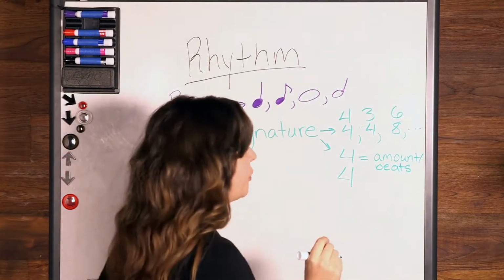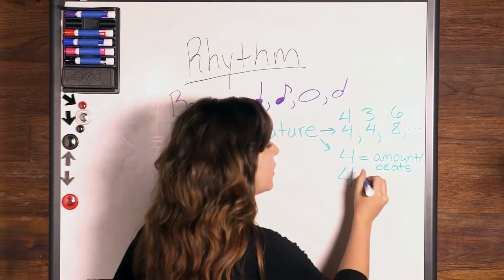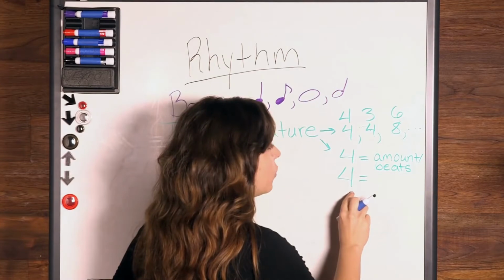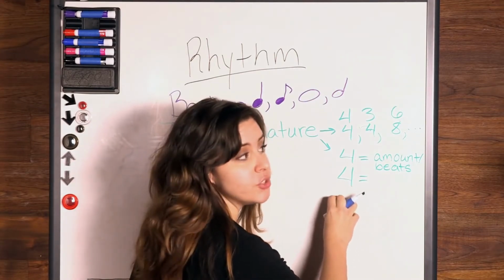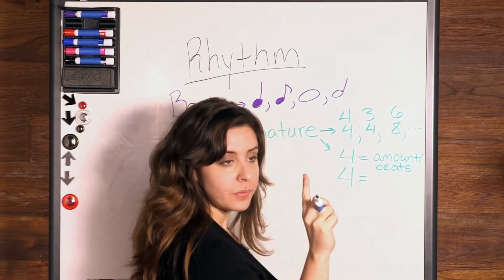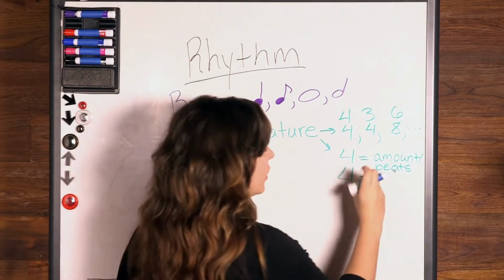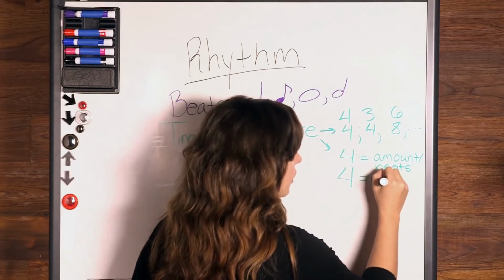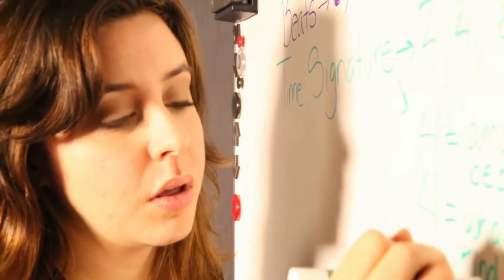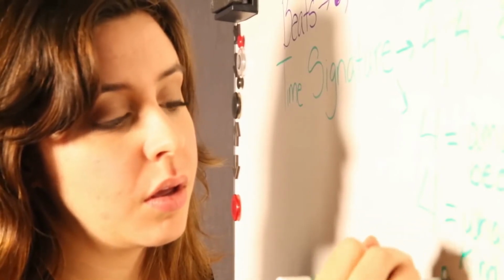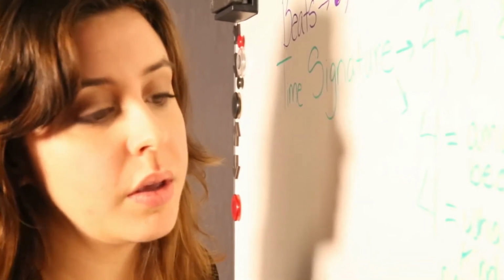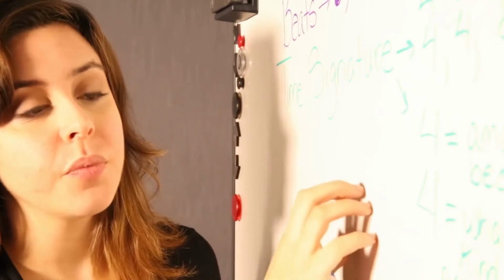That's another good term, I'll tell you in a moment. Amount of beats in the measure, and on the bottom, it would be which kind of note gets one beat. So if you count, that equals 1 right there.